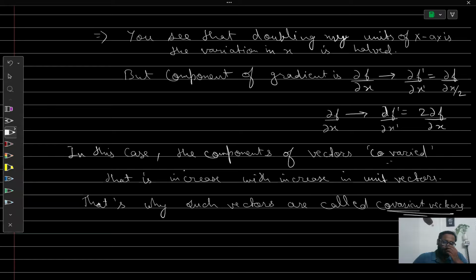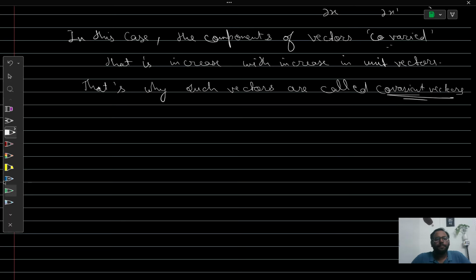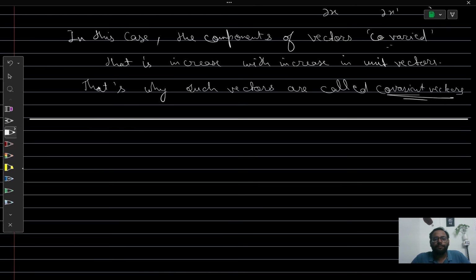Okay, so let's finish this. You now understand why they are called contravariant vectors and why they are called covariant vectors.